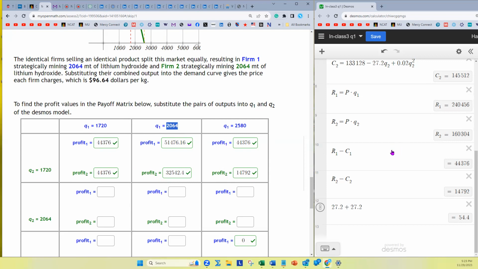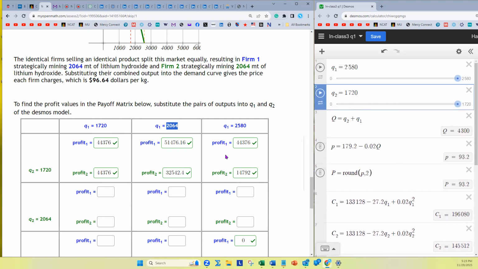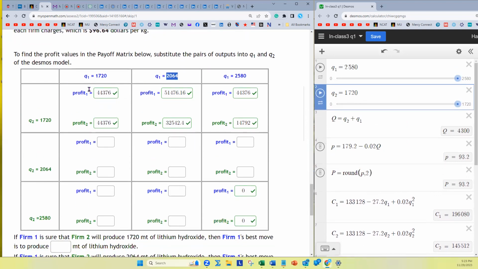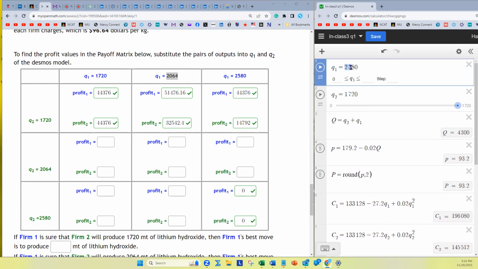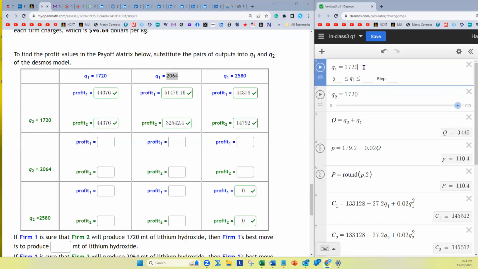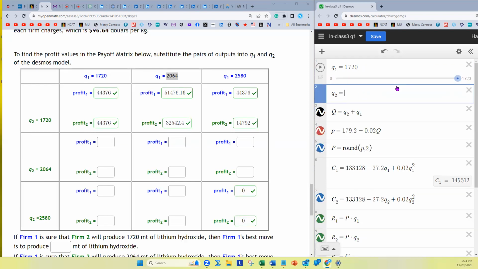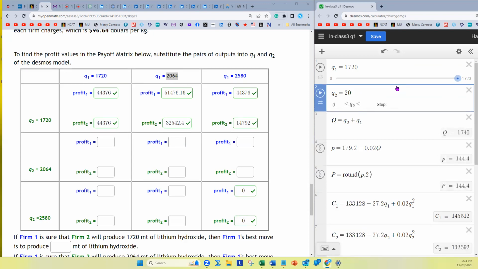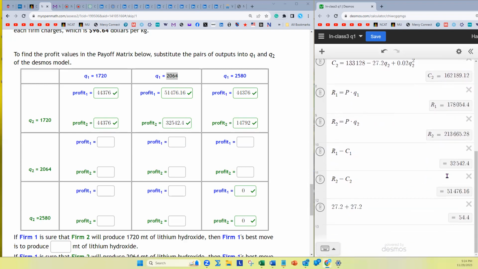So let's go now to the situation where we're holding this 1720 and holding firm one's output constant at the cartelling agreement, and we're going to let firm two cheat on its cartel agreement. Firm two chooses medium output, in my model 2064. What are the profits?